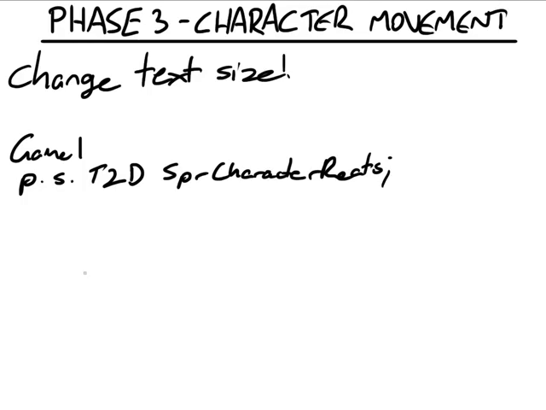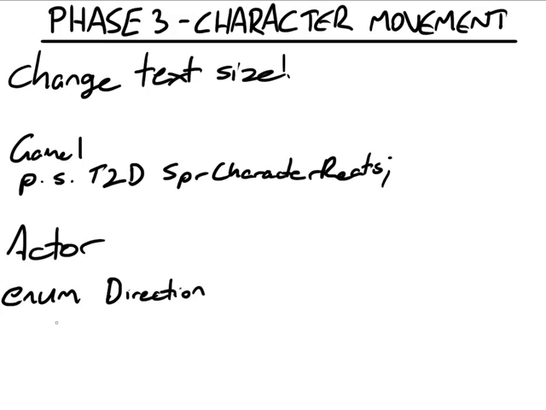Back in here into our actor class, we're going to add in an enum called direction, and we're going to give this one two directions, left and right.